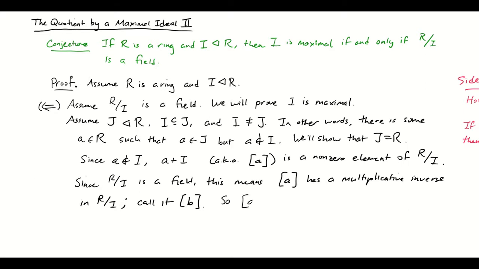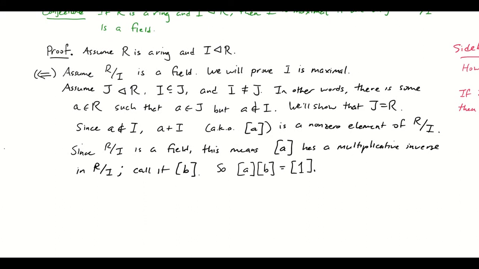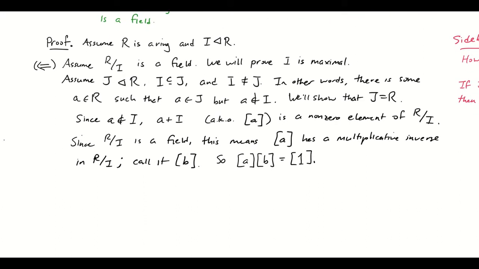That means that the class of A times the class of B is equal to the class of 1, where 1 represents the unity element of R. And now I'm going to do something kind of gutsy here. I'm going to try and convert all of this back into information about R, because ultimately we are trying to prove that I is a maximal ideal of R, which means eventually we need to get out of the quotient ring and back to thinking about the ring itself.